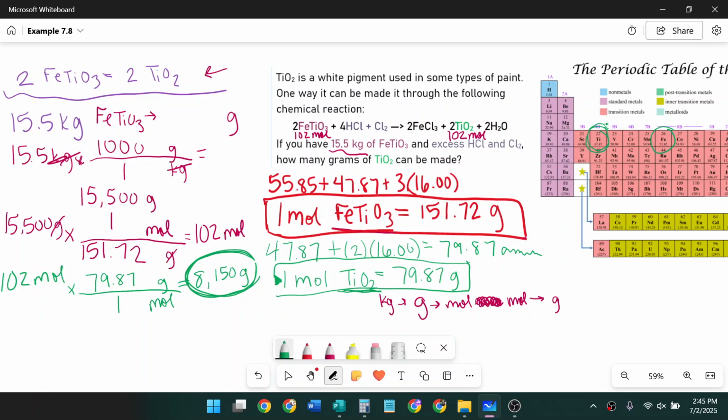So we started with one number, we converted it into moles, we figured out how many moles we needed of a different number, and then we converted that different number back into grams. The only thing I didn't mention just now is that because they gave us kilograms, we had to do an extra little conversion at the beginning, but that's not a very hard one.